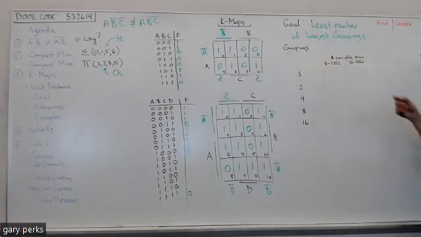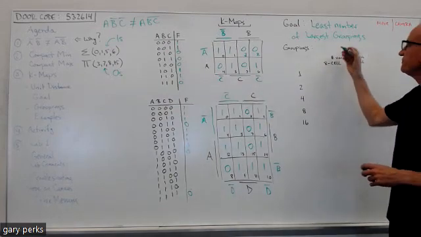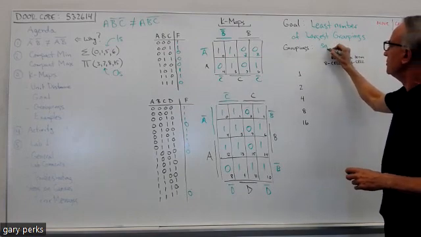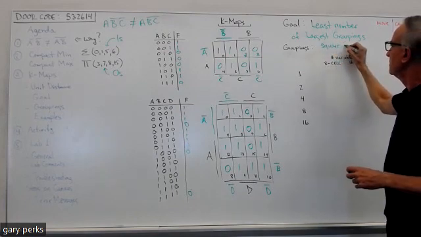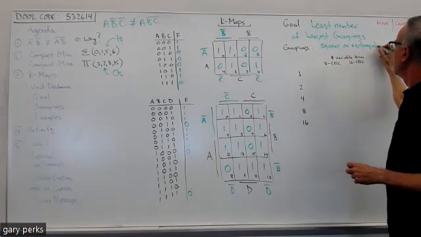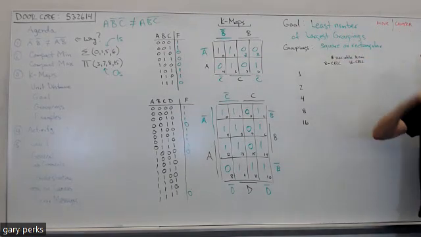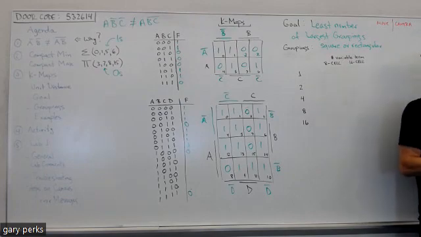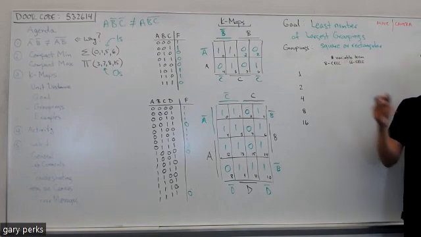Now, these groupings have to be square or rectangular. You can't have diagonal groupings. You can't have irregular shape groupings. It can only be square or rectangular groupings.